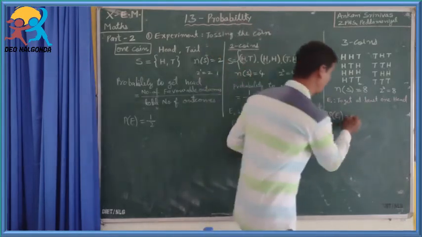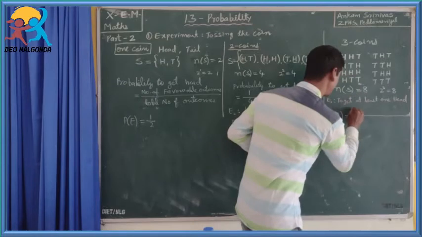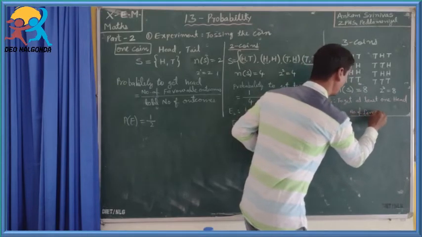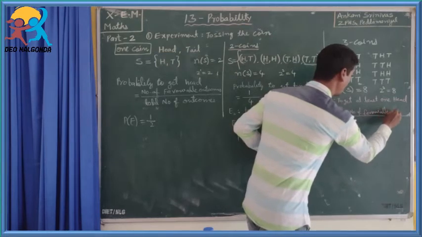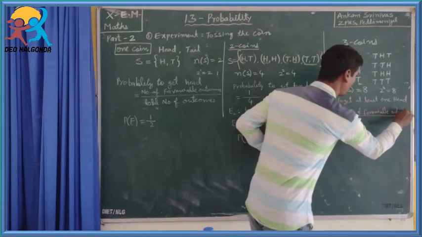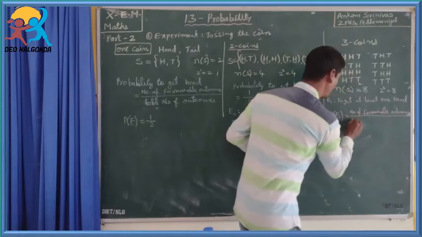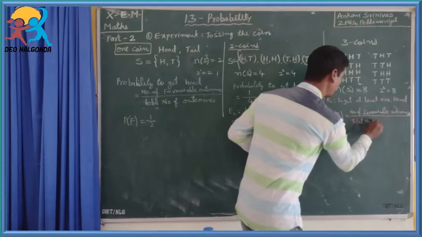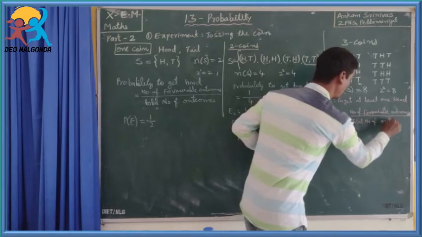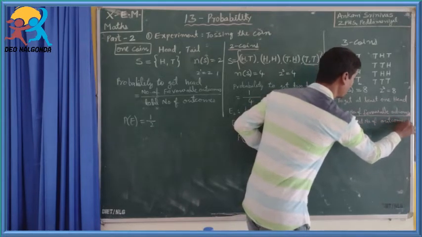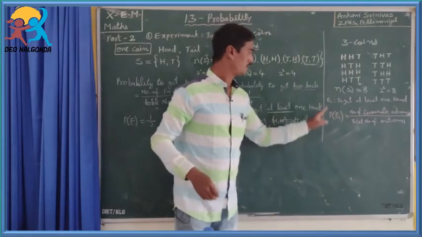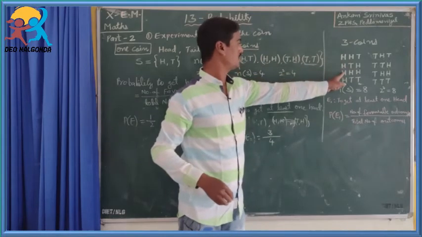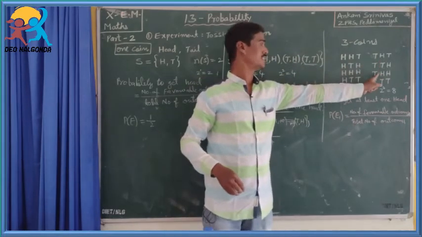So, number of favorable outcomes by total number of outcomes. Every time you write the formula. Now in this case, total favorable outcomes 1, 2, 3, 4, 5, 6, 7.